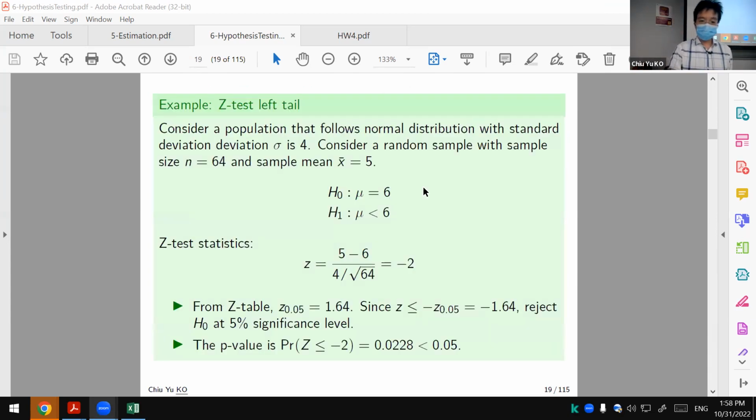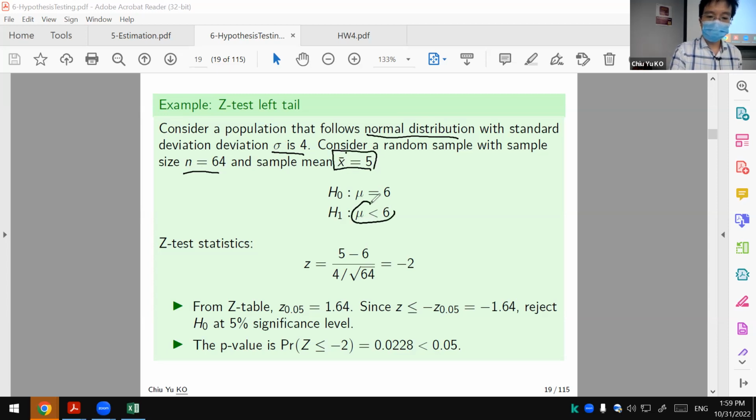So again, let's look at what we have in the question. Again, the same idea with normal, with sigma is 4, and then we have n is 64. The only difference is they still have X bar with 5. The only difference from the previous example is this guy and this guy.